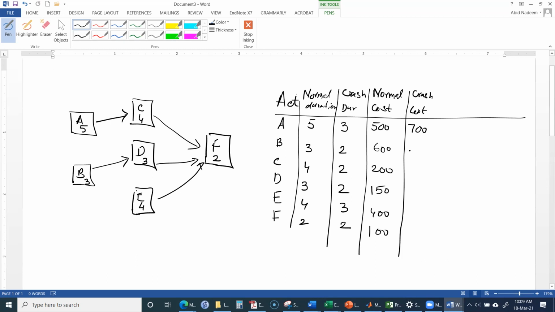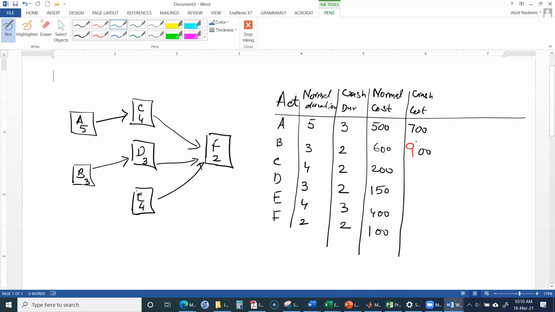So its crash cost, maybe we can say that it is 700. The crash cost of activity B maybe 900.